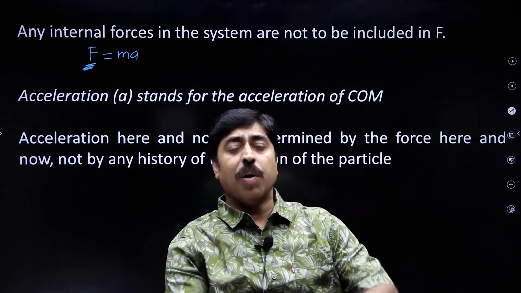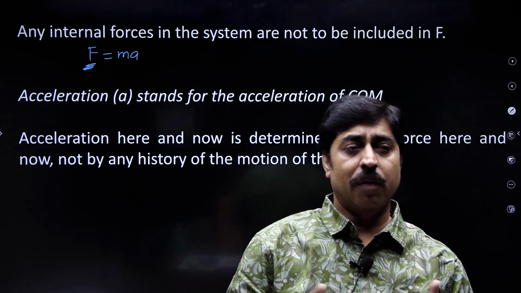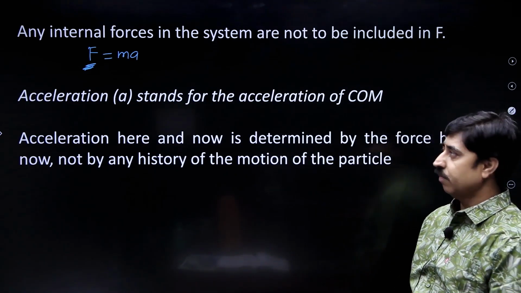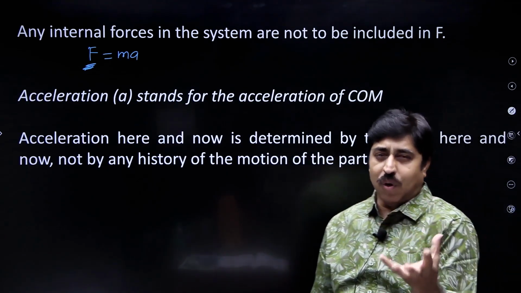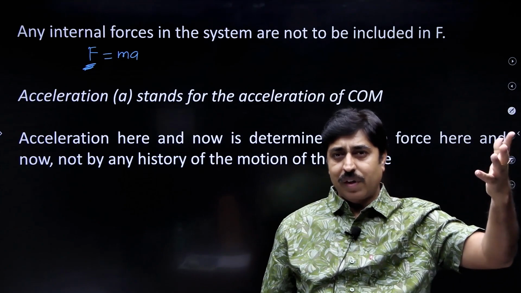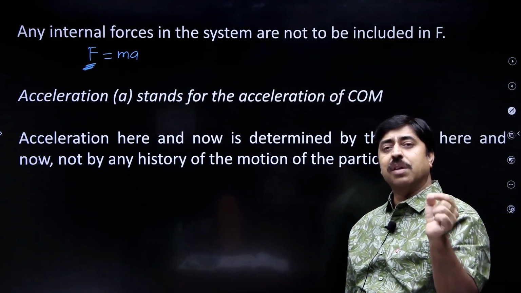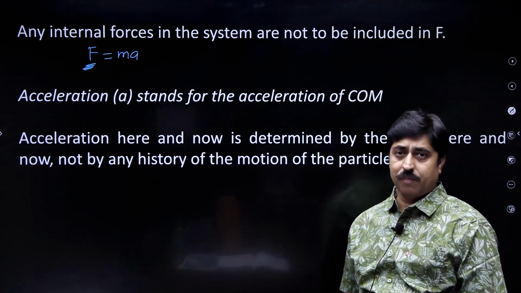If there are a number of external forces acting on a body, the vector sum of all those forces is mass times acceleration of the body. And acceleration means what? Later on we will realize it in a much better way. Acceleration is actually acceleration of center of mass of the body.